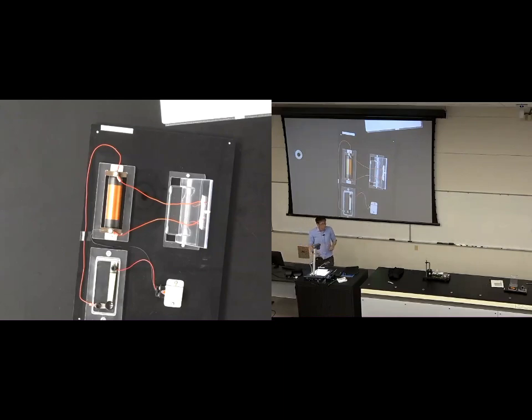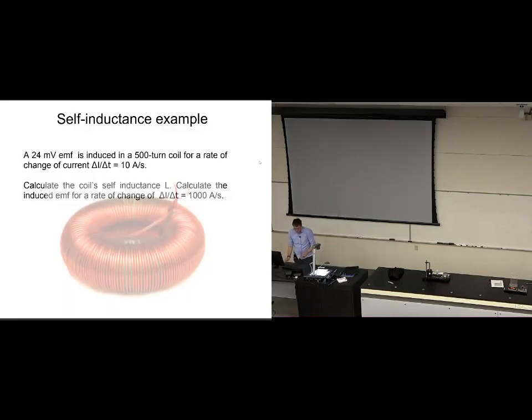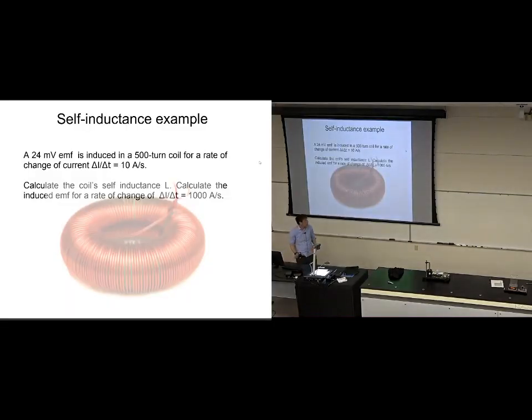Here's a quick example of self-inductance. We're told that 24 millivolts is induced in a 500 turn coil by a rate of change of current that's 10 amps per second.